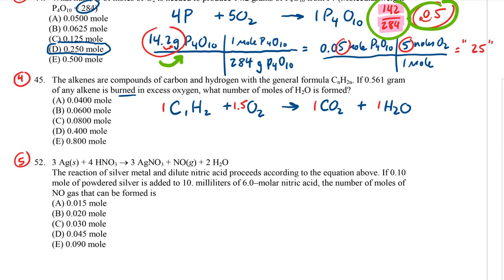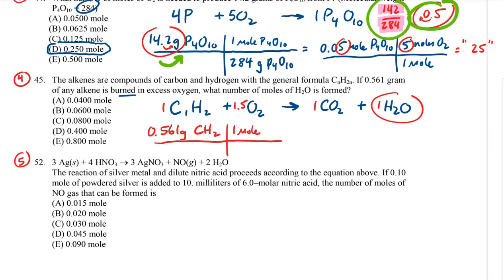But what they're getting at here then is that if we were to burn 0.561 grams of an alkene, according to this example reaction, how many moles of water would be formed? So let's set that up. 0.561 grams of my CH2, which is my general formula. We need to be able to relate that to eventually a water. So we're trying to get over here and solve for water at the end of this problem. We need to get to moles first.